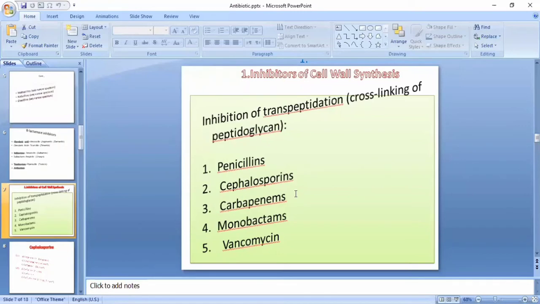So these are called the beta lactam drugs.